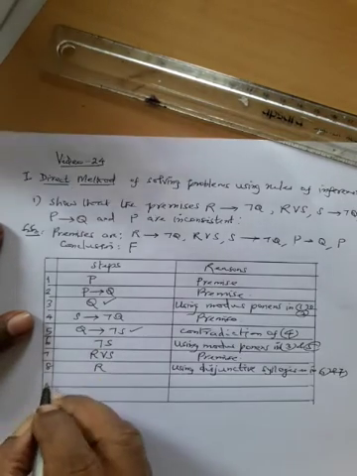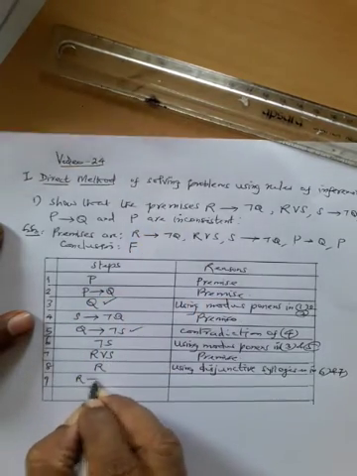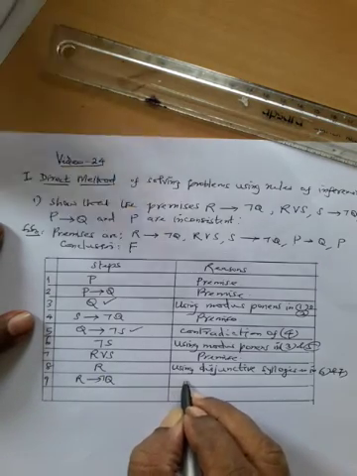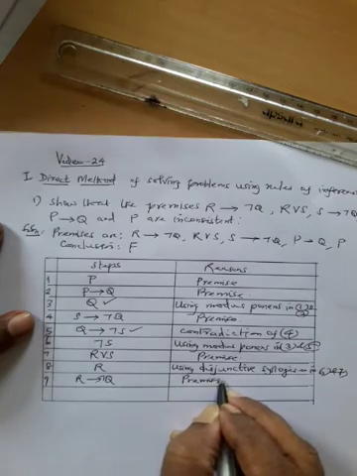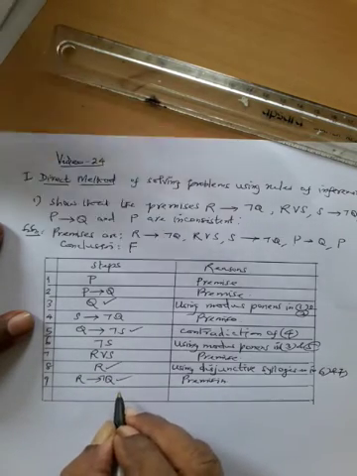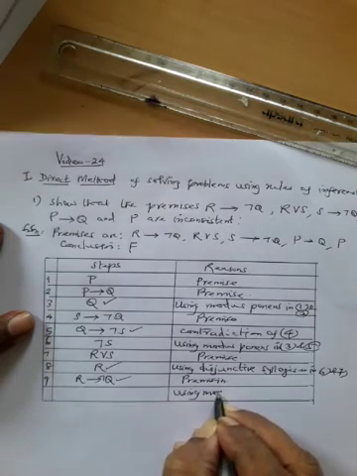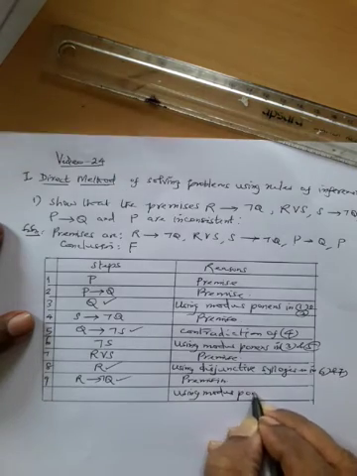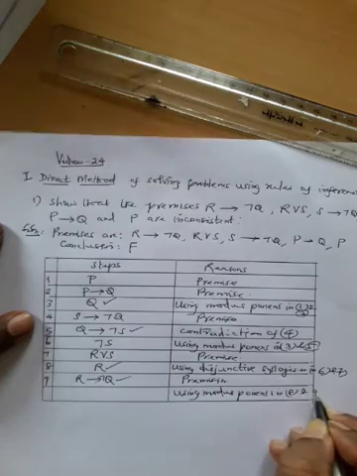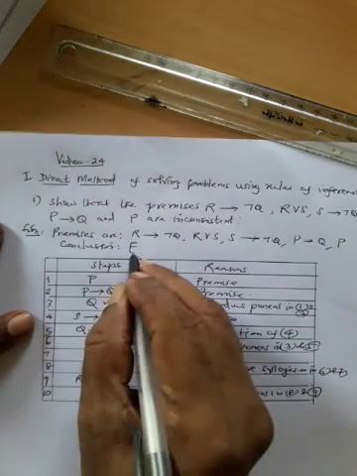Now having R here, you can take the hypothesis R conditional negation Q. R conditional negation Q, this is a premise. Now you have R and you have R conditional negation Q, using modus ponens in 8 and 9 you will get negation Q. You know our aim is to arrive at a contradiction.